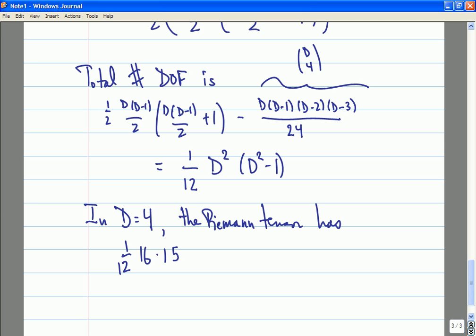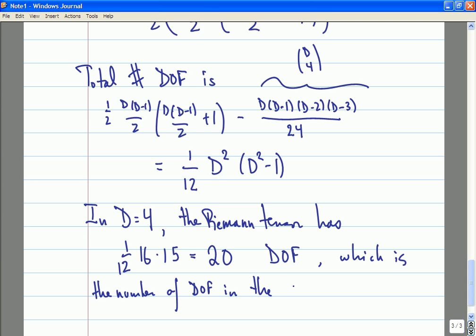But indeed, if we work this all out, we find that the Riemann tensor in 4 dimensions has 20 degrees of freedom, which we argued last class was the number of degrees of freedom in the second derivatives of the metric which cannot be removed by changes of coordinates.